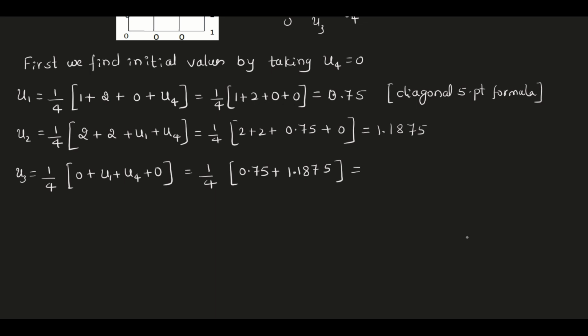So it is equal to 0.75 plus 1.1875 divided by 4.